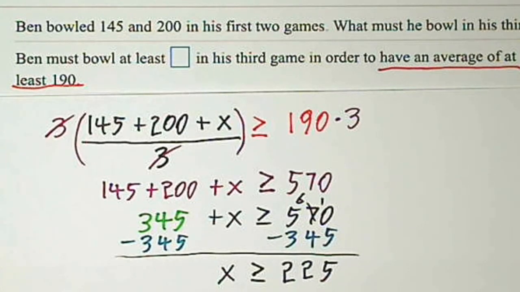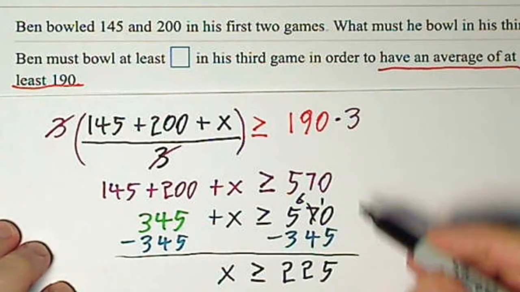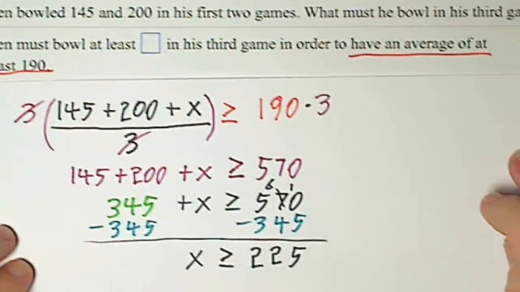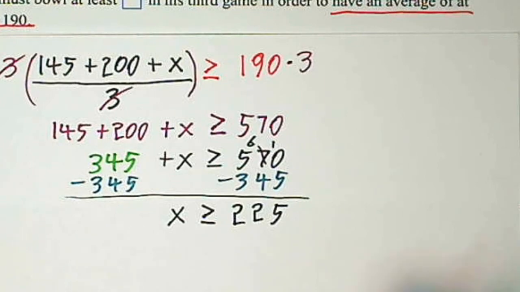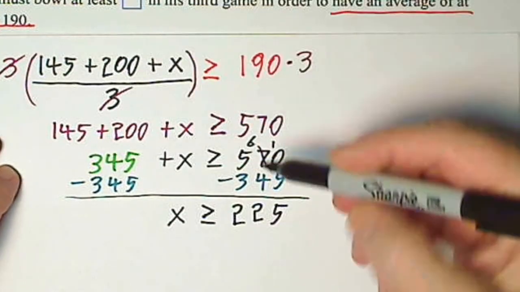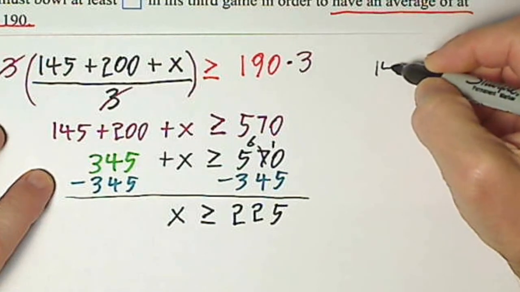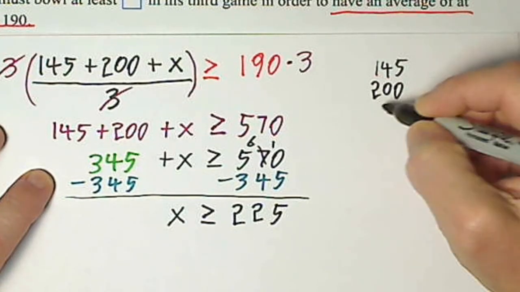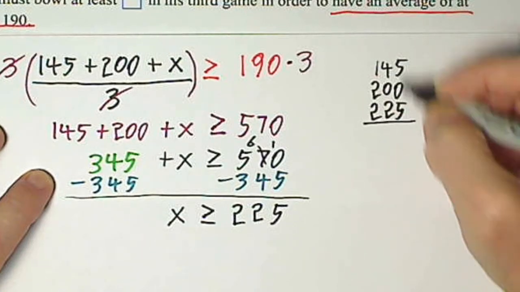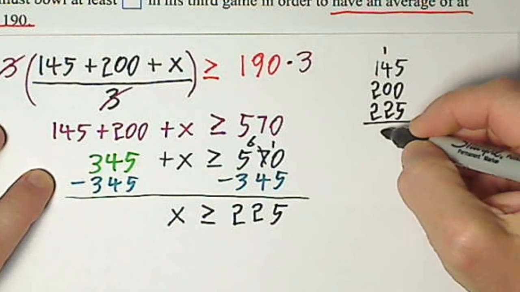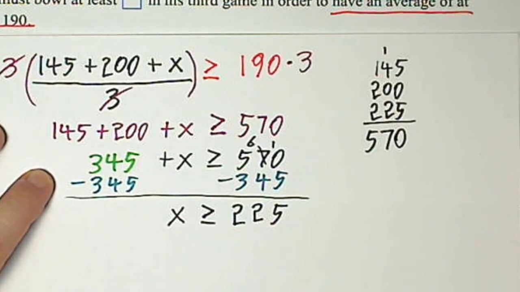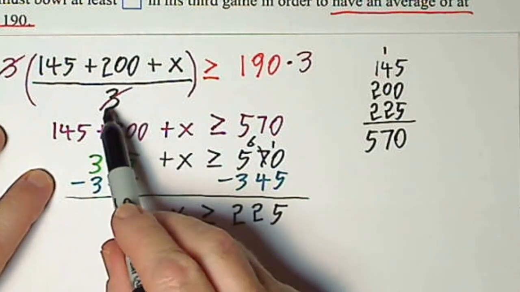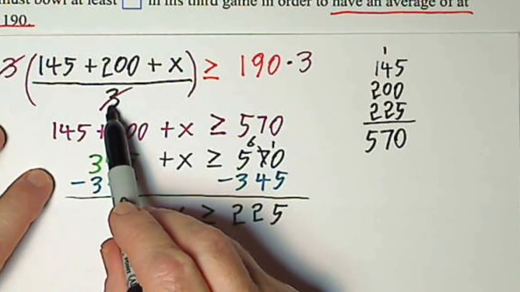And in case you don't believe it, let's just plug this value in for x and we'll see what happens. So we've got, we'll add 145, 200, and 225. That's 570. We'll have to divide by 3. Right?